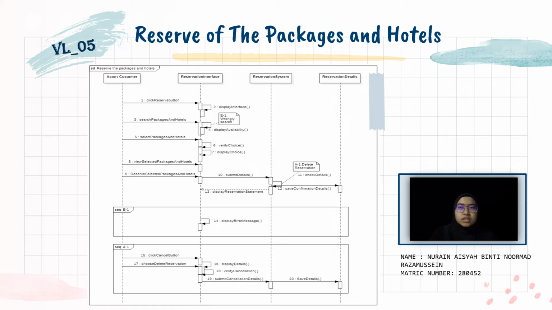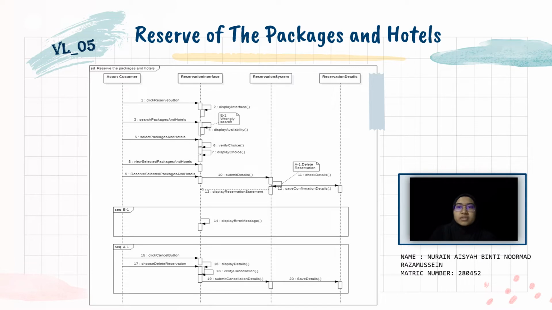Here we put exceptional one, which is wrongly search. Next, the customer will select the package and hotels, and the boundary will verify the choice and display the choice that has been made. And then the customer will view the selected package and hotel and make a reservation for the selected package and hotels.